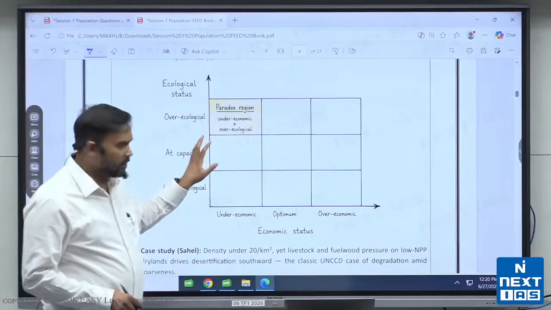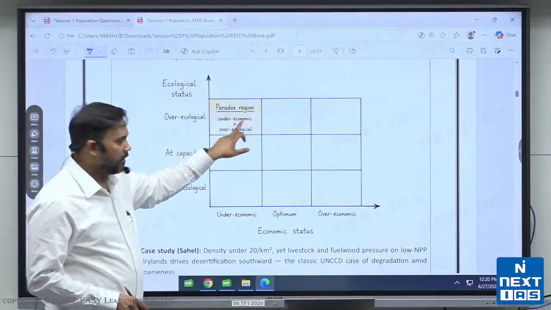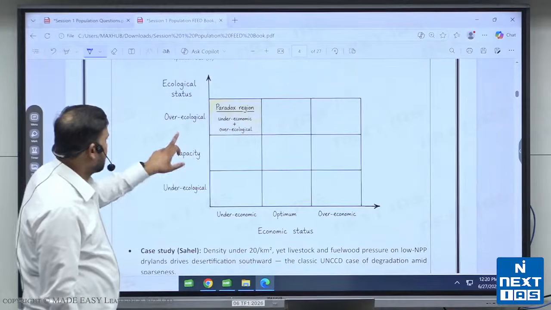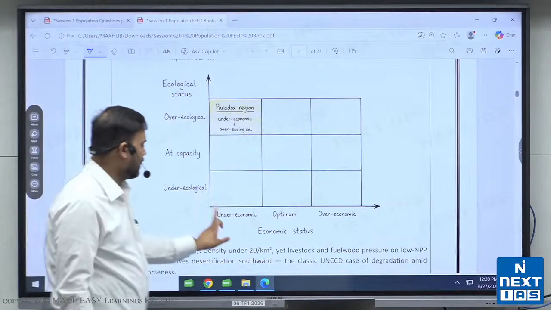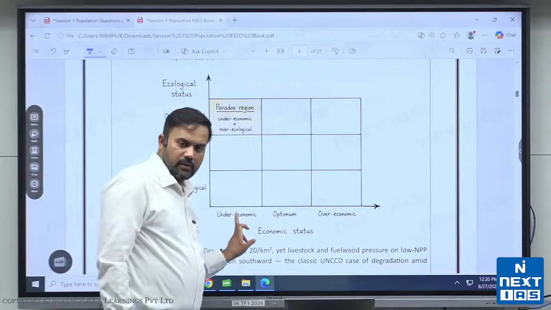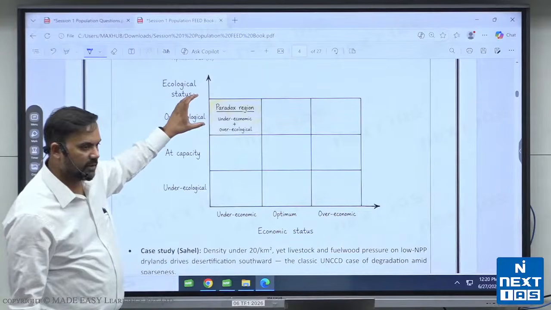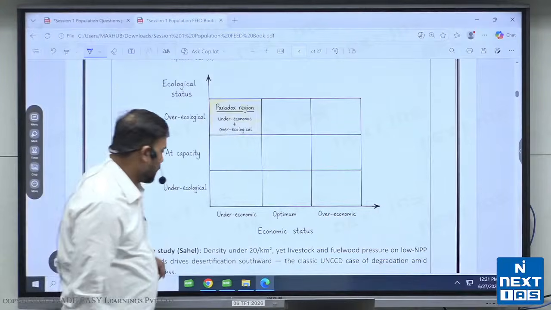So where I am showing the paradox. So this is the paradox region where an economic and an ecological situation is existing. So here we are talking about ecological status and here we are talking about the economic status. ठीक है. So जो regions हमने बात की है वो कहाँ पर है? They are located here. ठीक है.